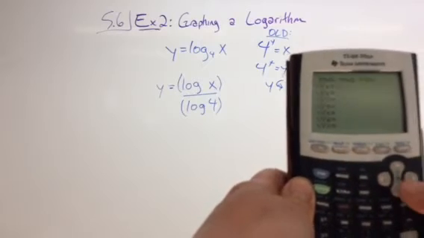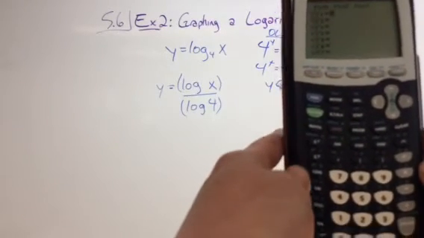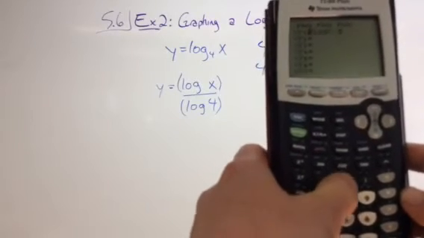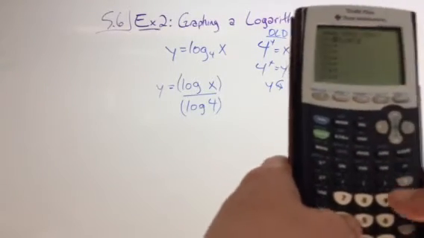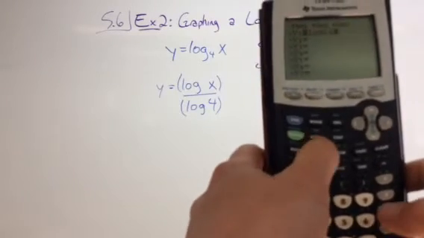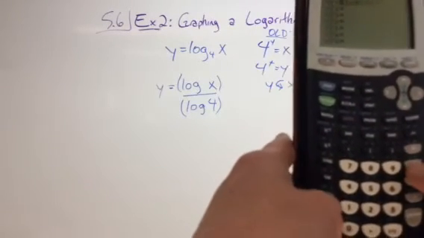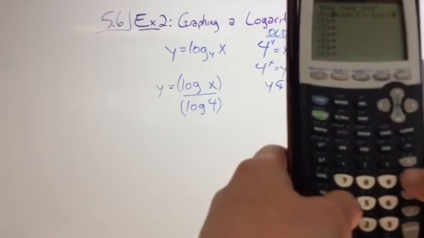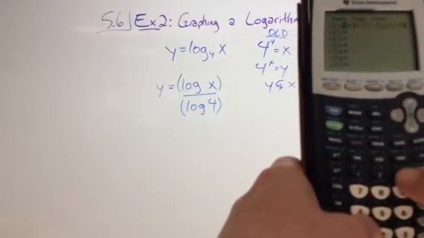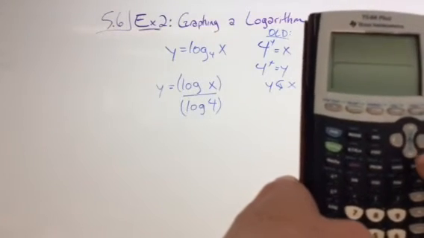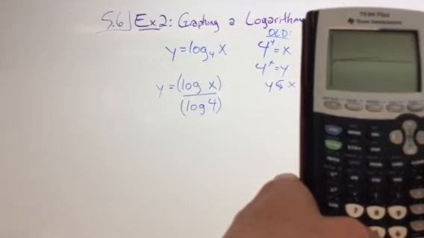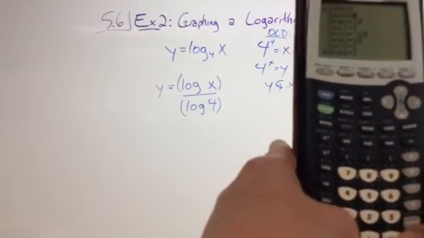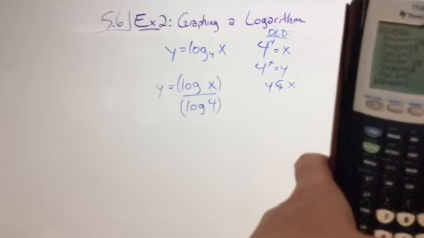Okay, we're at y1 equals, now, log x divided by log 4, and graph. Oh, remember we didn't reset the window. Let's reset the window to -10 and 10 the way we did before.